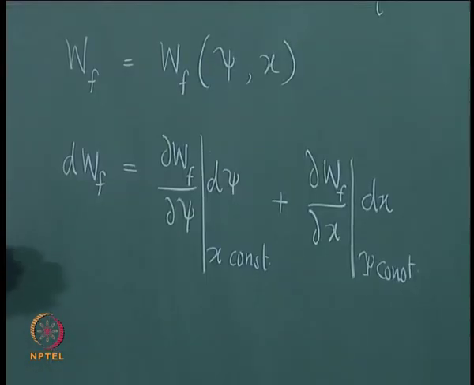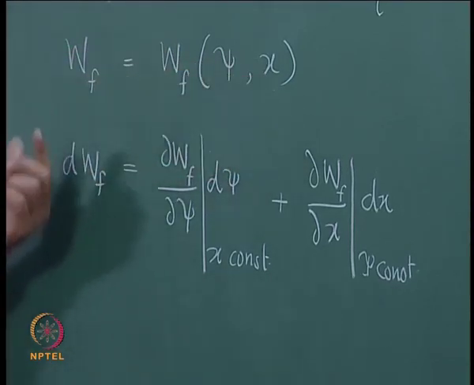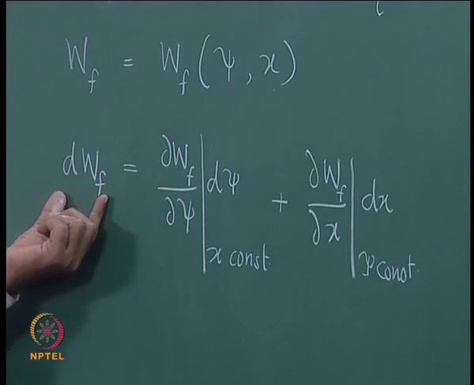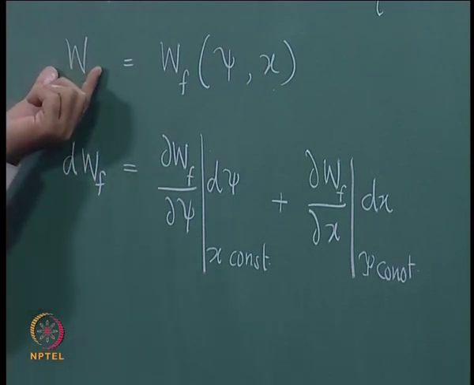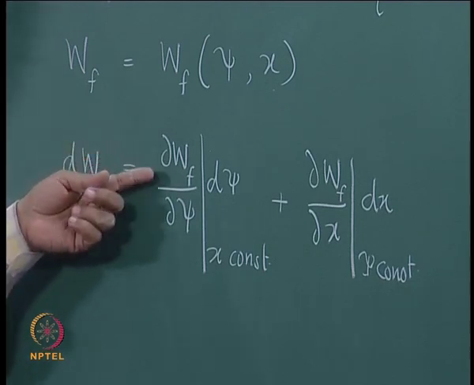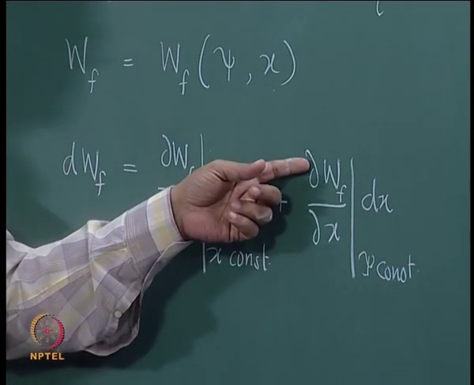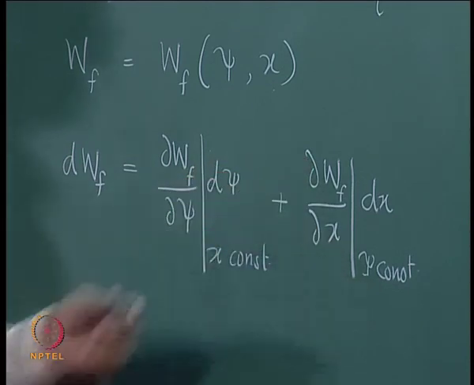This is a general expression if a function is going to depend on a variable 1 and a variable 2, then a small change in this Wf can be written as the derivative with respect to one variable keeping the other fixed and the derivative with respect to the other variable keeping the first one fixed.